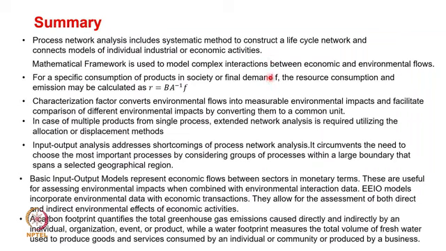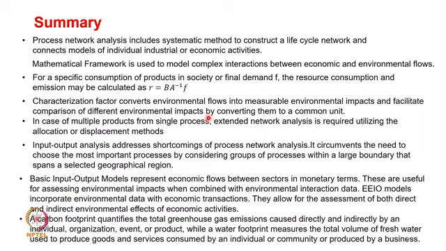A mathematical framework is used to model complex interaction between economic and environmental flows for a specific consumption of a product, society or final demand. The resource consumption and emission may be calculated by R is equal to B inverse S. One is technology and one is related to consumer activities, the other one is related to economic activities and emissions, economic flows and environmental flows.